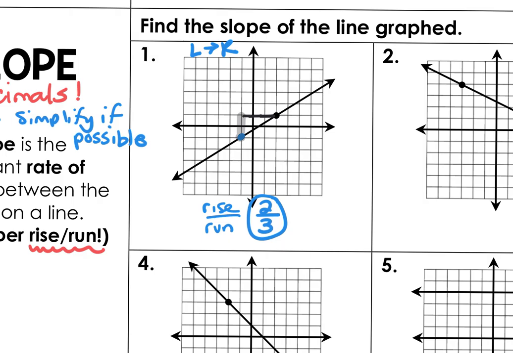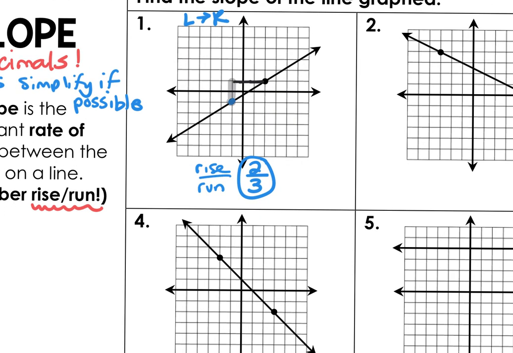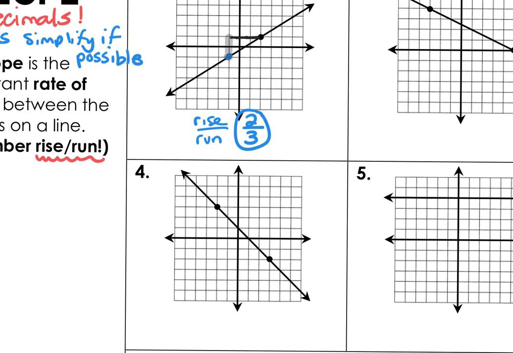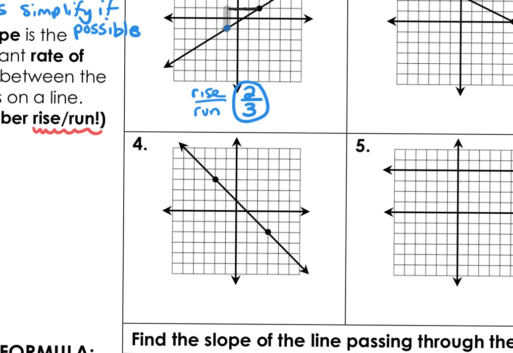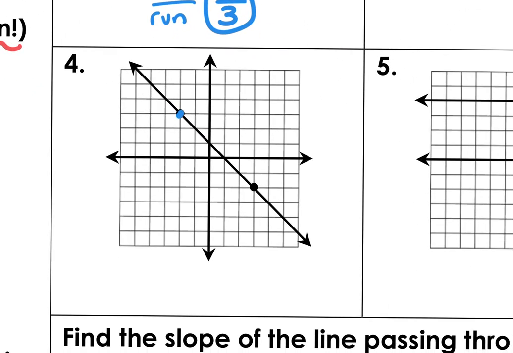Okay. Let's look at number 4. On this guy, same thing, left to right. If I'm starting at the leftmost point over here, rise over run. Now you're moving down. If you're starting here, and again, left to right every time, you're moving down 1, 2, 3, 4, 5 spaces.